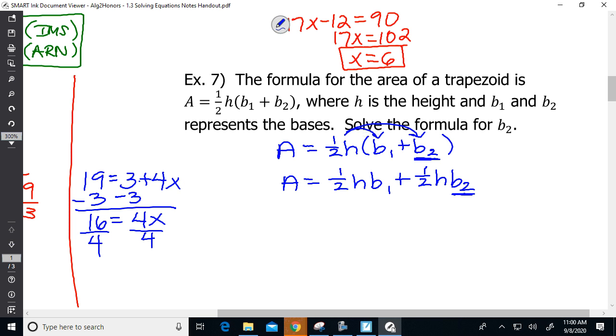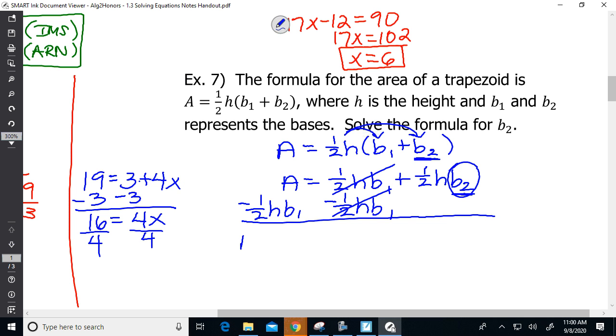All of that is a number. The only variable is that one. So just like we subtracted 3 over there, subtract all of that to the left-hand side. Any questions before you finish the problem?